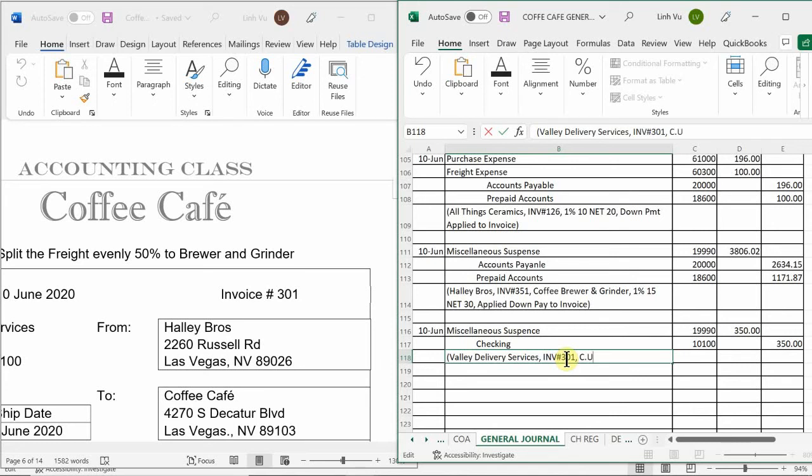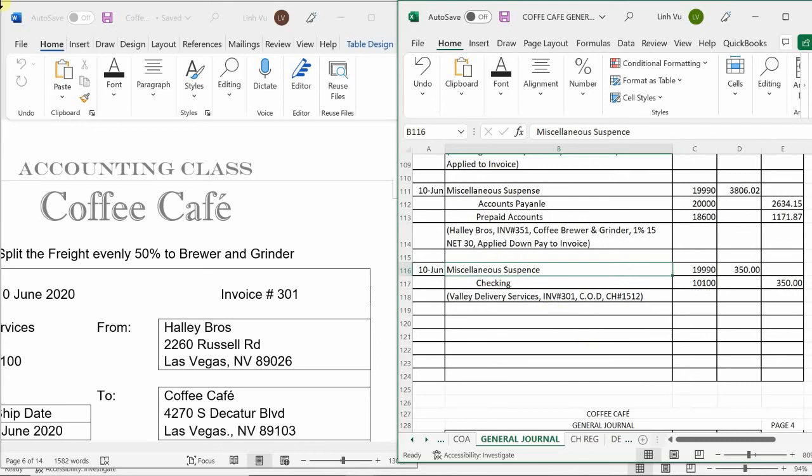That's why we had to pay. Cash on delivery. And our proof was we wrote check number 1512.